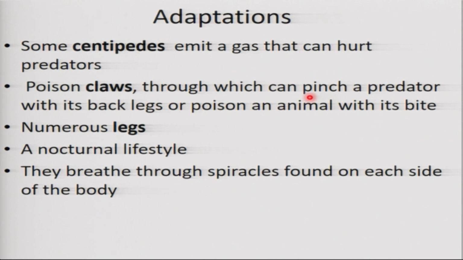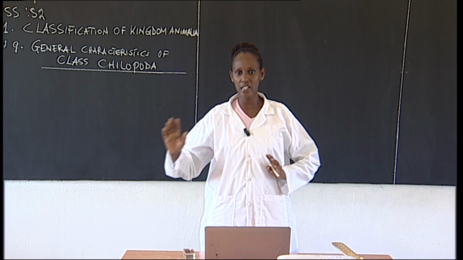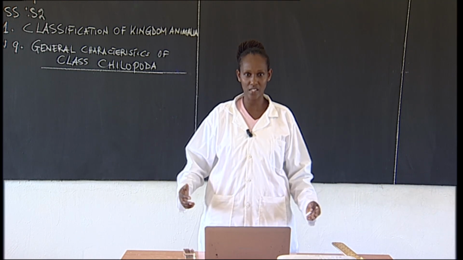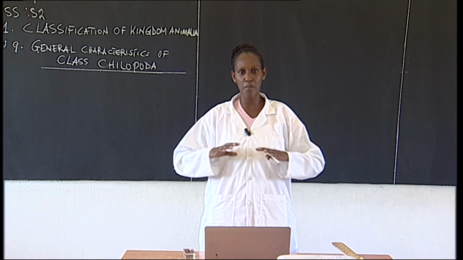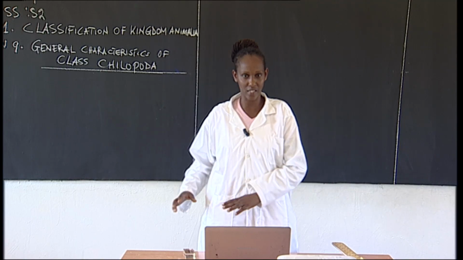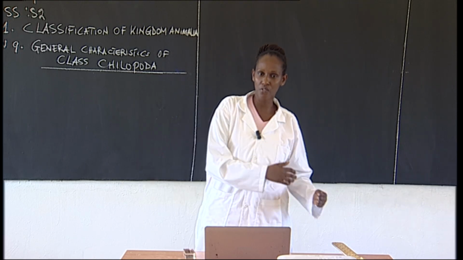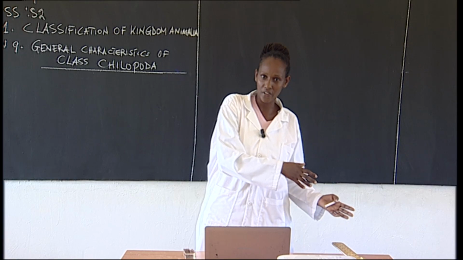So I think we have finished looking at the characteristics. When I say characteristics, those are the features that they possess. It doesn't mean that they don't have other features. In each species there are other characteristics that may differentiate members from others of the same class but a different species.